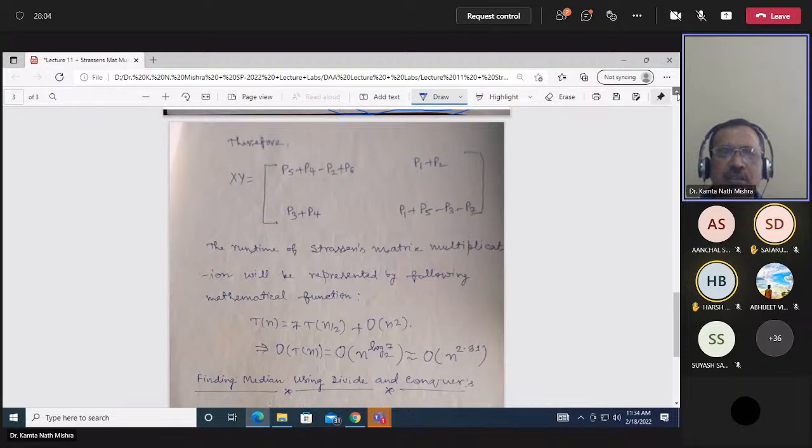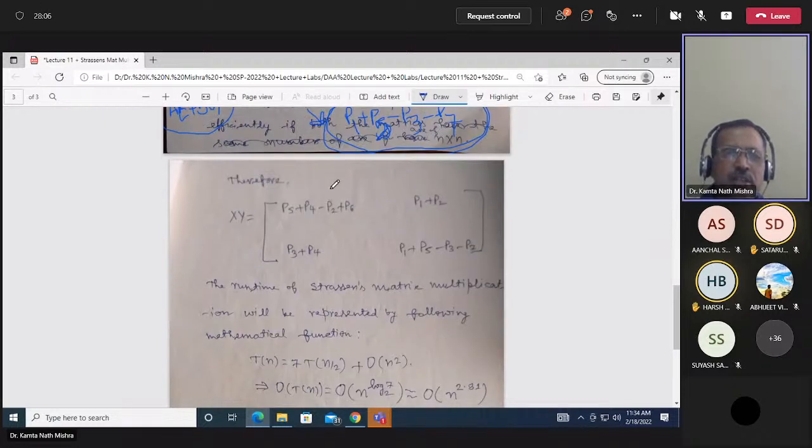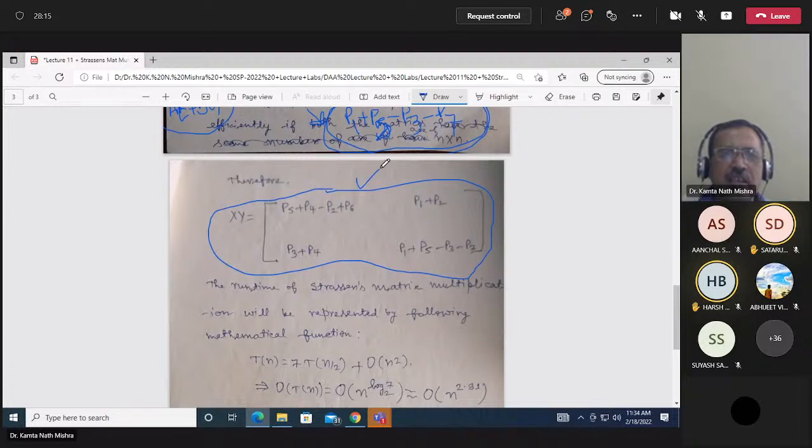This is the answer for Strassen's matrix multiplication. Any confusion, any doubt to any one of you on this topic? No, sir.